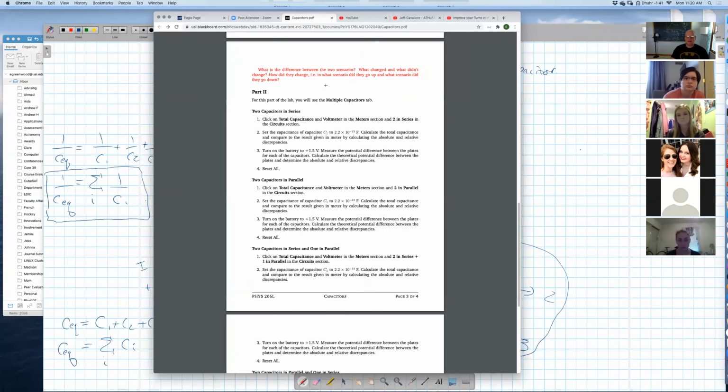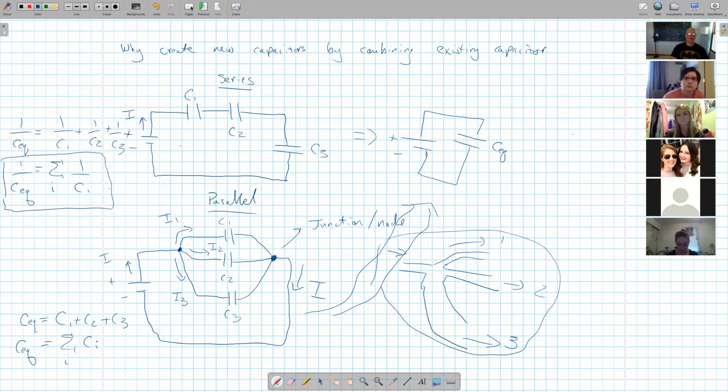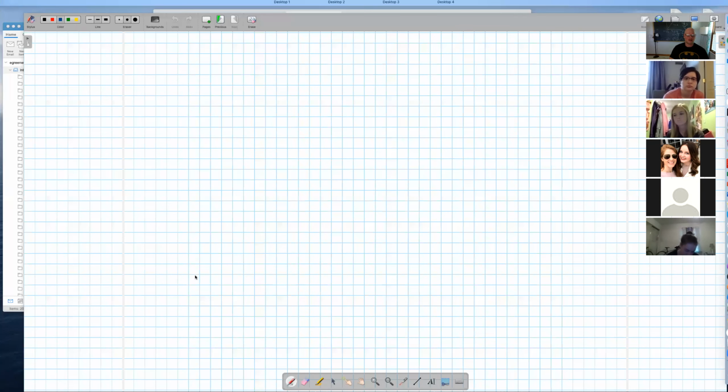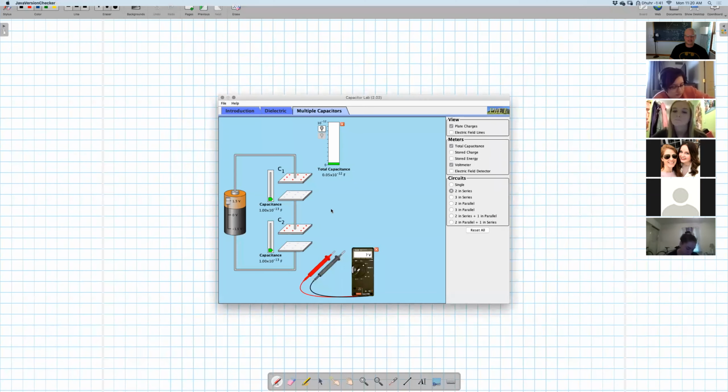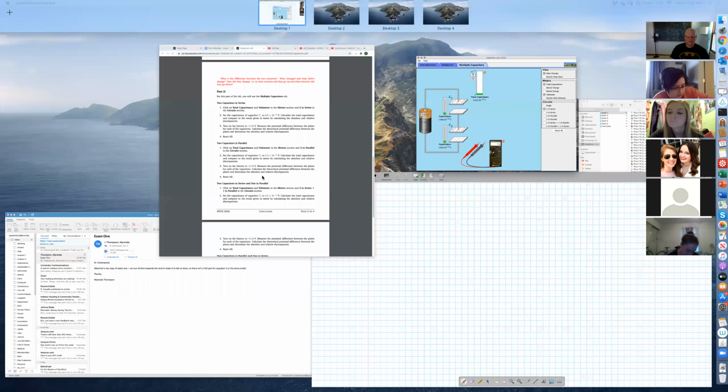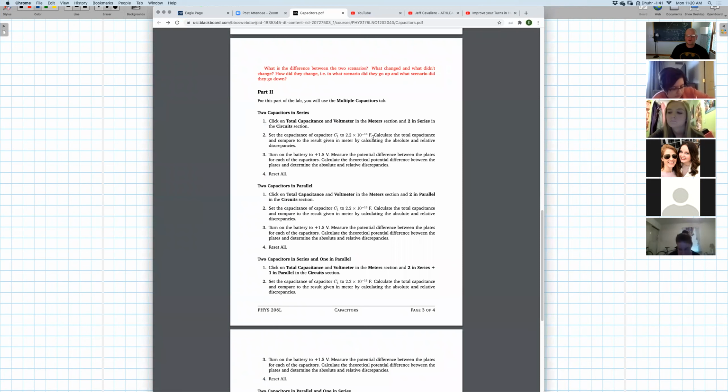So let's see how that's done. Let's do a quick example using this first scenario here. So let's say we have the 2 capacitors in series. Let's see here. So here we want to set the capacitor C1 to 2.2 times 10 to the minus 13. And then C2, I believe we're going to leave the same way.